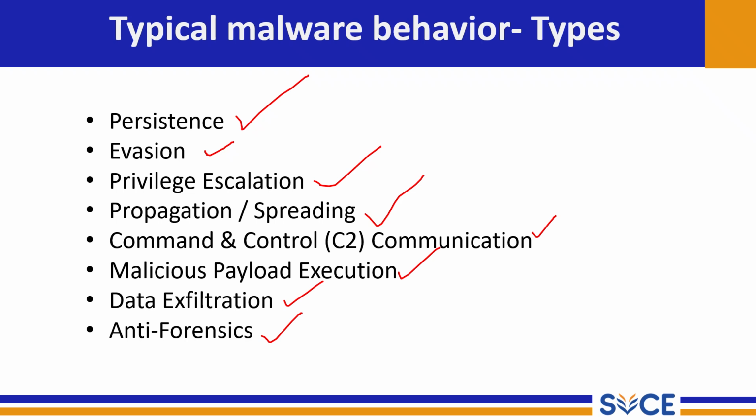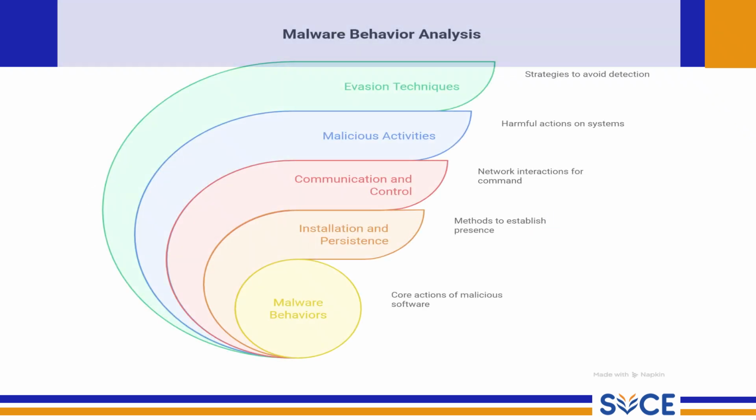Next is some diagrammatic representation. As I discussed, it has malware behavior, where the core actions of the malicious software are done. Second, installation and persistence, some methods to establish the presence.